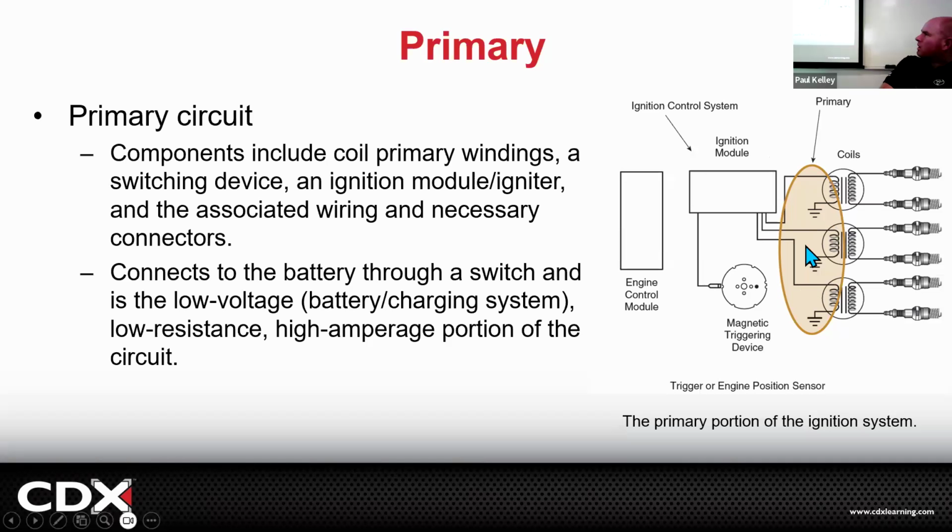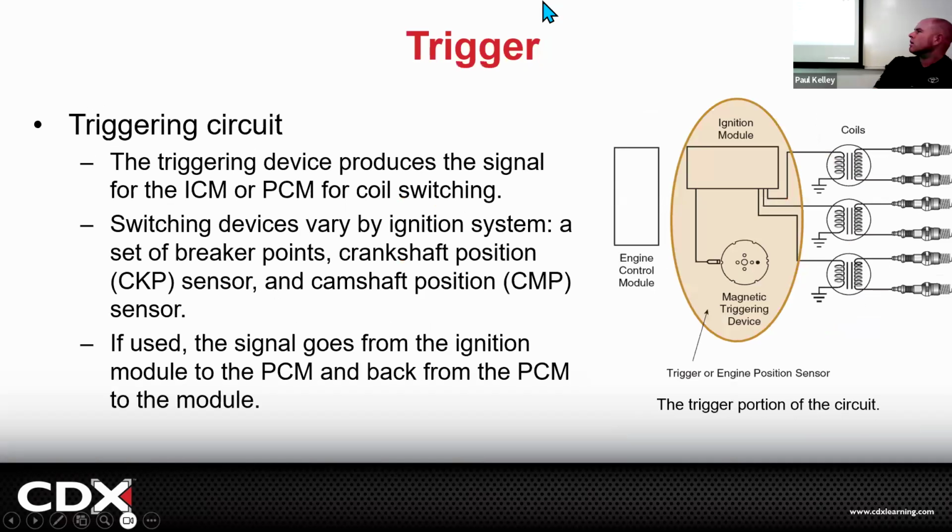In this drawing, it's actually giving voltage and taking voltage away, which is old school. It's a little abnormal. But some would even say the magnetic triggering device would be part of the primary because in a way that's what's controlling it. Yeah. But I tend to not really think of it that way. I think that is a little bit more of the triggering part.